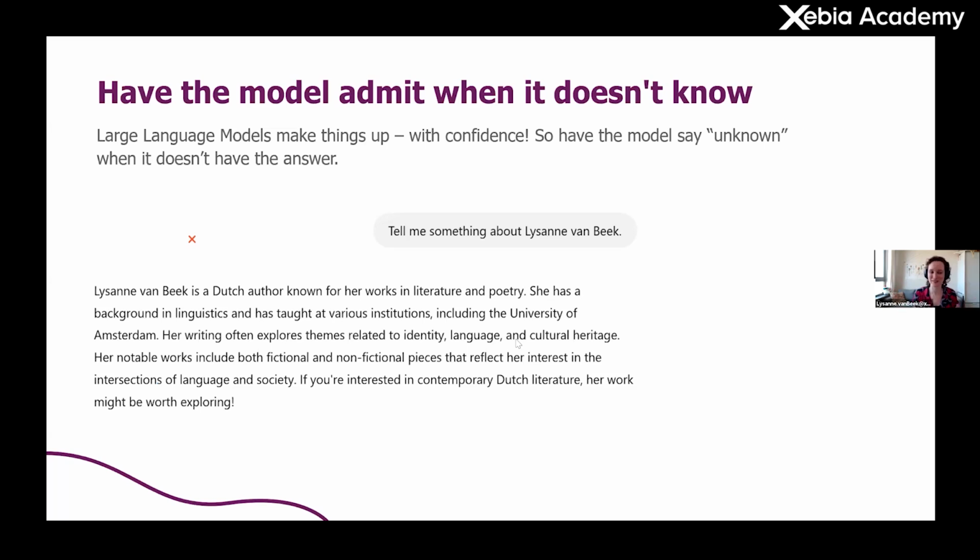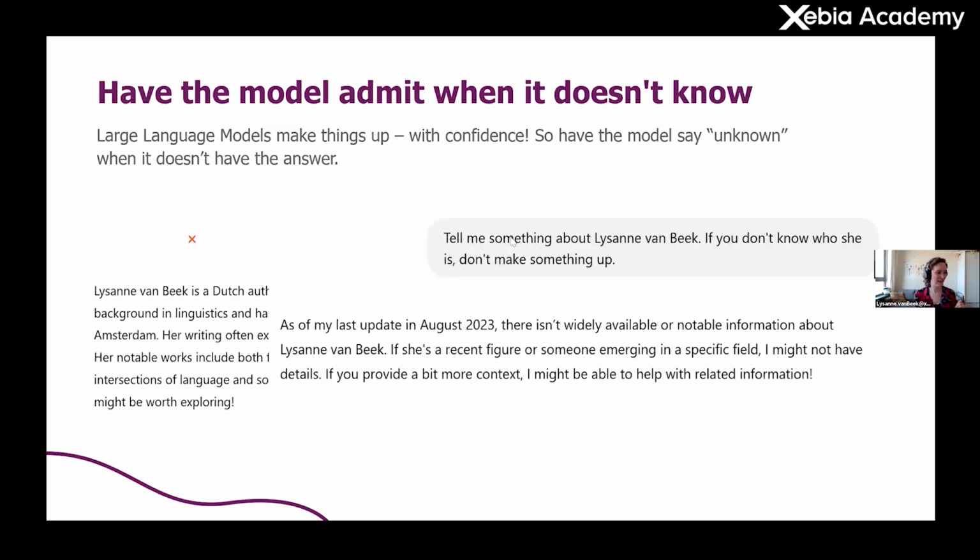So it just started to generate information that wasn't true, because large language models, you need to see them as really good storytellers, not necessarily as fact machines. So once I said, hey, tell me something about Lisanne van Beek. If you don't know who she is, don't make something up. And then it said, as of my last update, so I think I did this last year, I don't have any information on her.